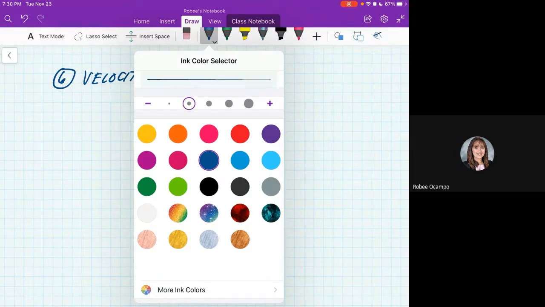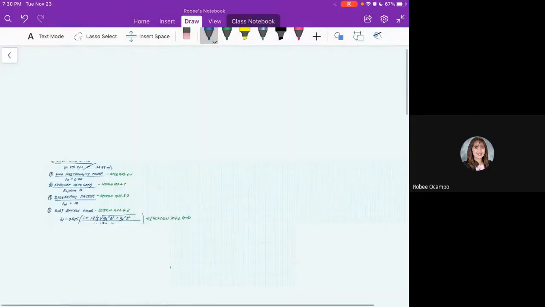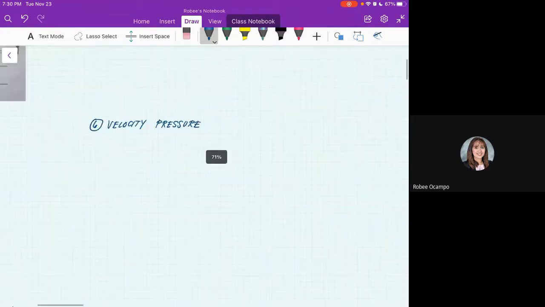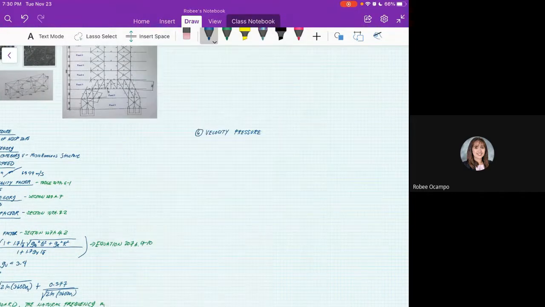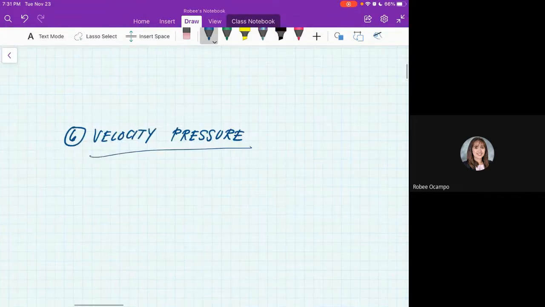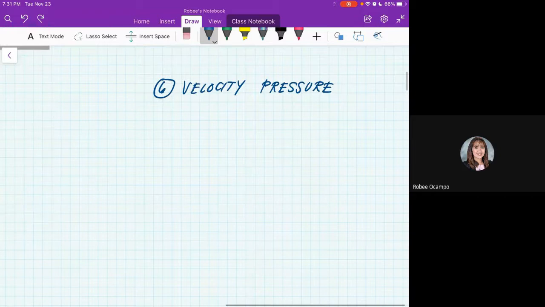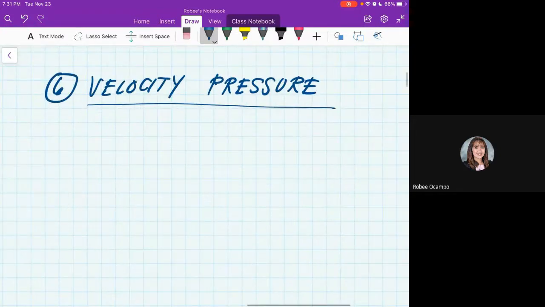So based on the exposure category B of the Billboard structure. Tama. Exposure B yung ginamit natin.